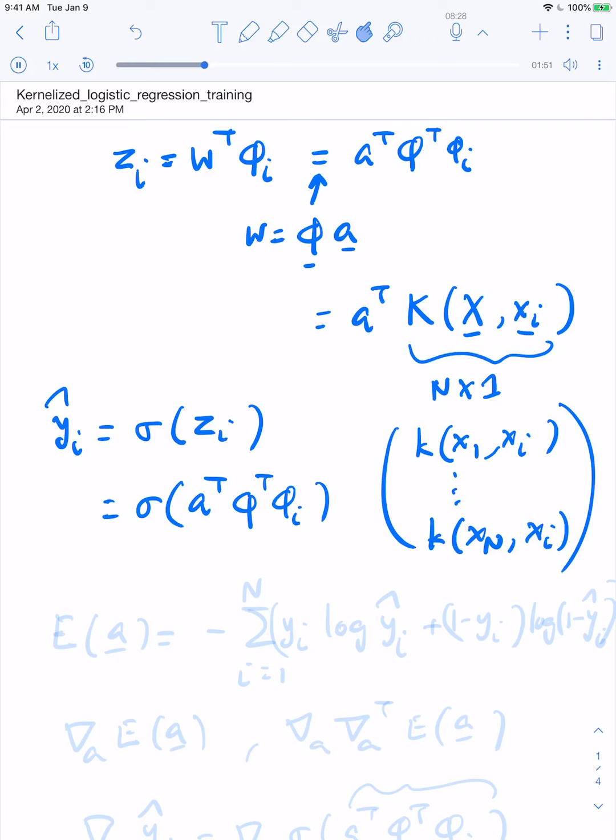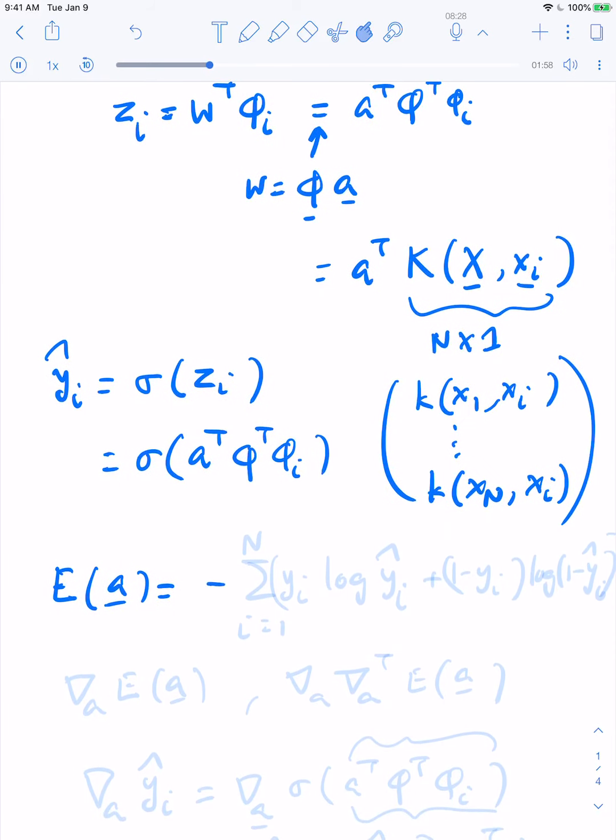The cost function is still the cross entropy function, but now I'm going to think about it as a function of A, which is minus summation i equals 1 to n of yi log yi hat plus 1 minus yi log 1 minus yi hat. That's the cross entropy function.